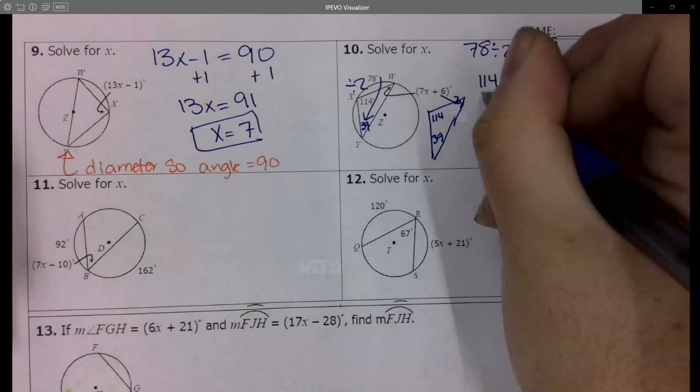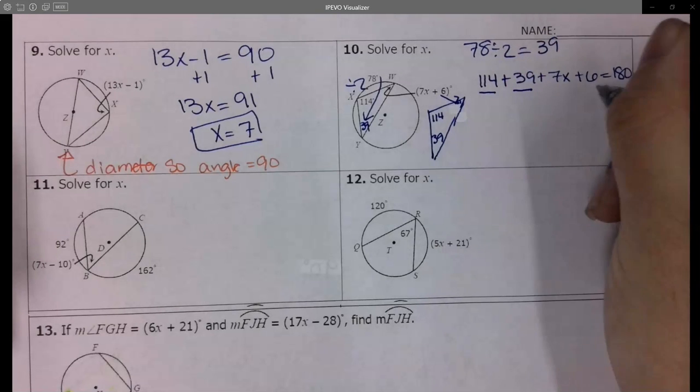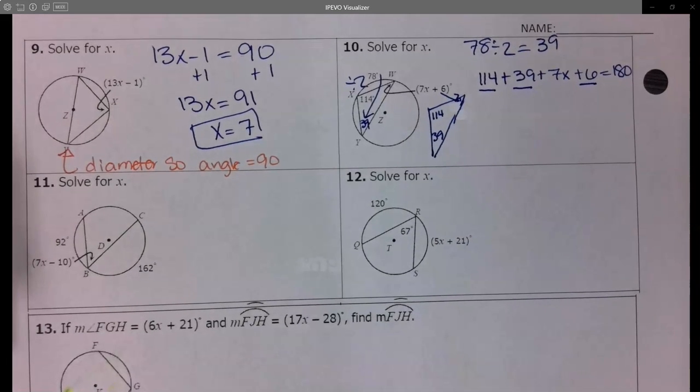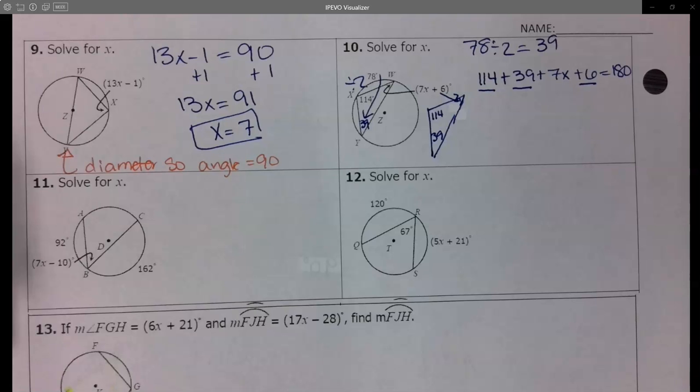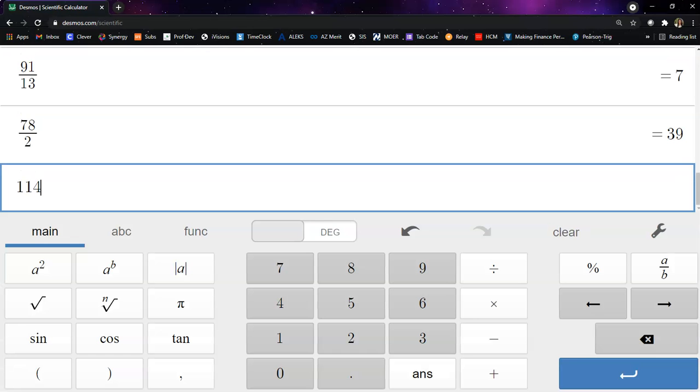Then I want to combine my terms. So I'm going to add the 114, the 39, and the 6 together, which gives me 159.